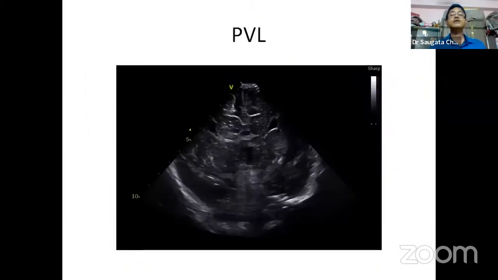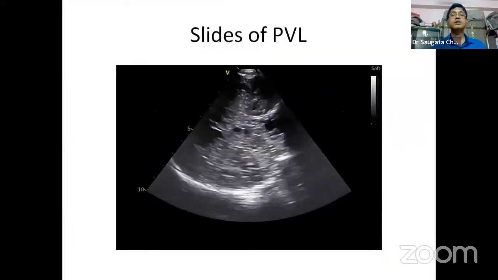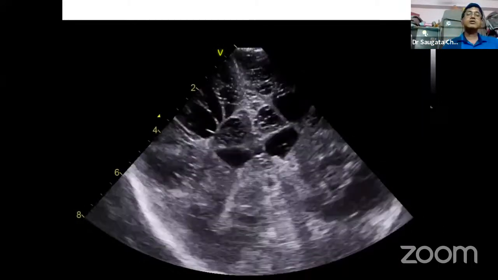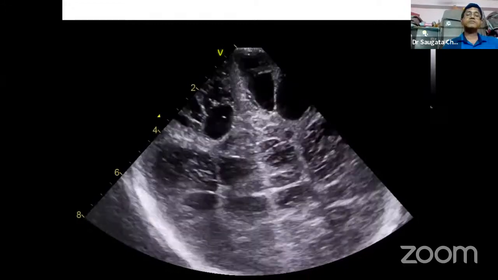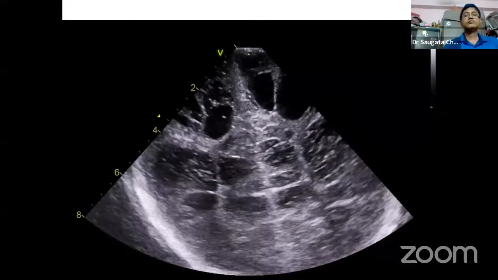So this is a kind of PVL. Just a few days ago we saw this patient with extensive cystic lesions. This is a grade 4 PVL.